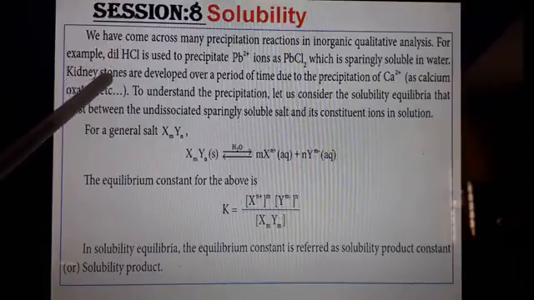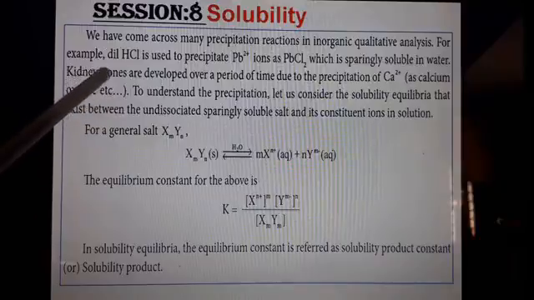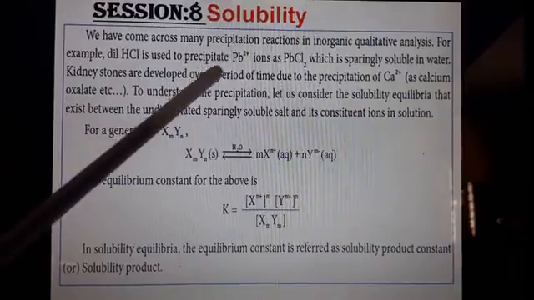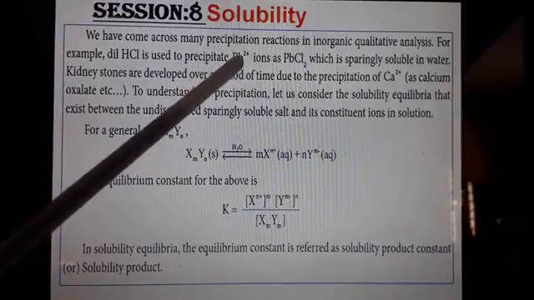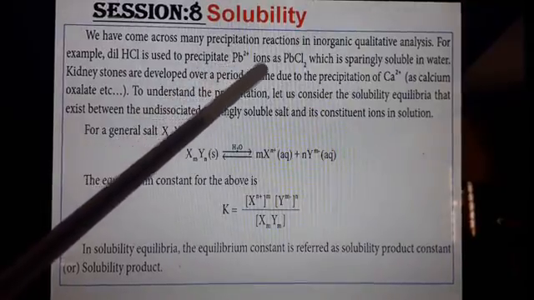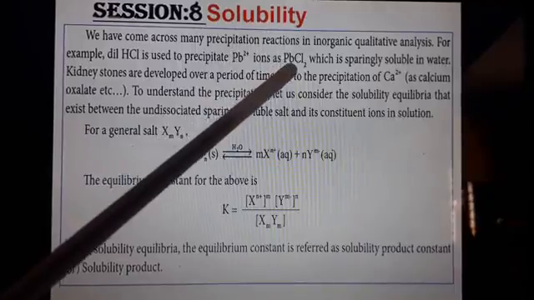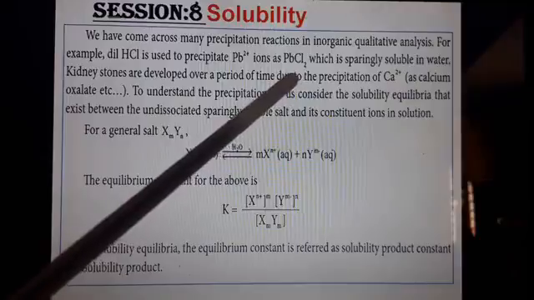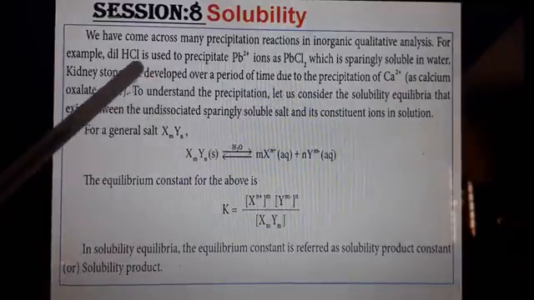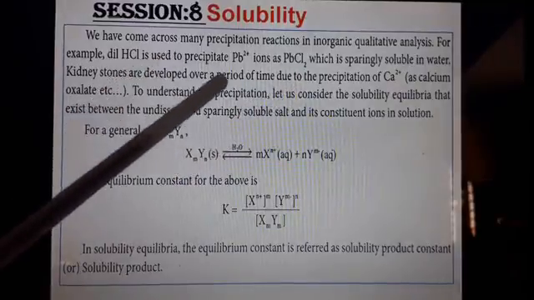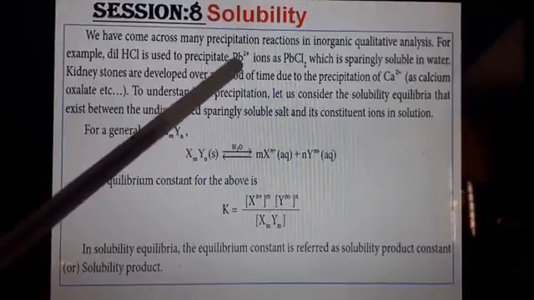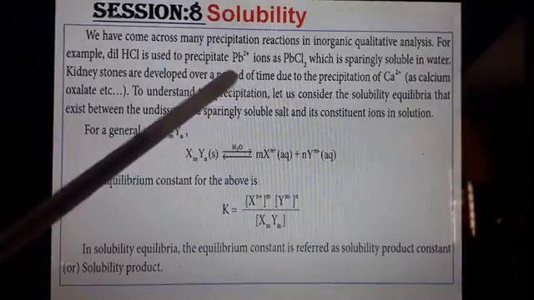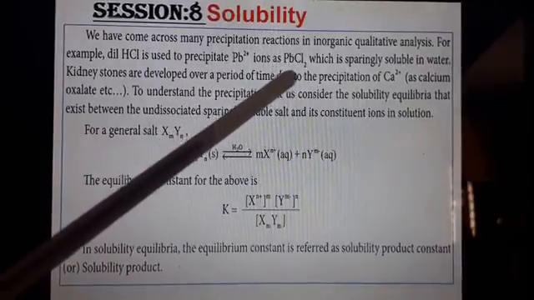In inorganic chemistry, for example, dilute hydrochloric acid is used to precipitate the lead 2 plus ion as lead chloride, which is sparingly soluble in water. When dilute hydrochloric acid is added to lead nitrate, lead chloride is precipitated.